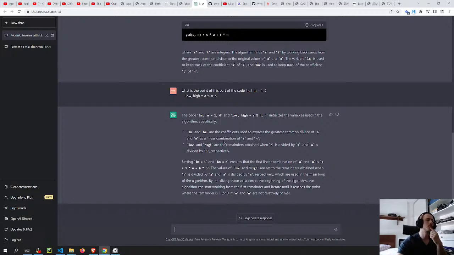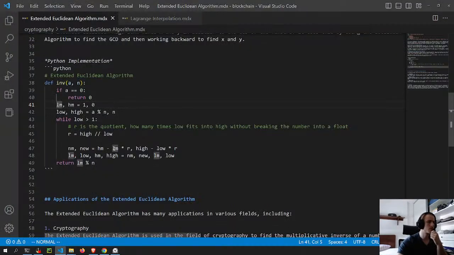Okay. And the thing I don't understand is why he's multiplying by R here and not multiplying anything by anything on this side here.